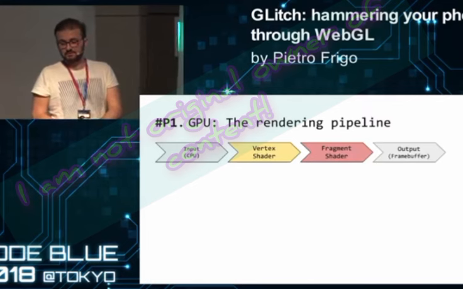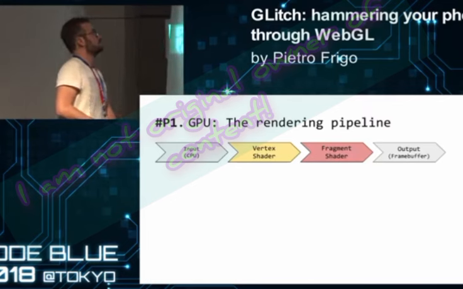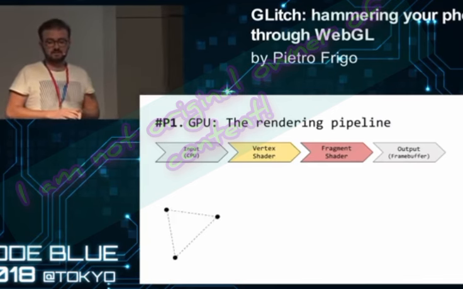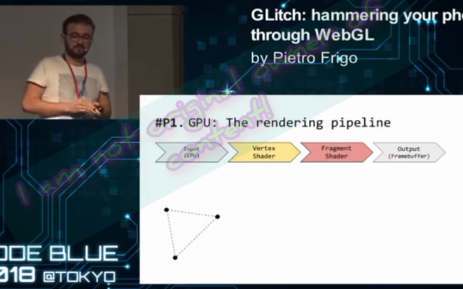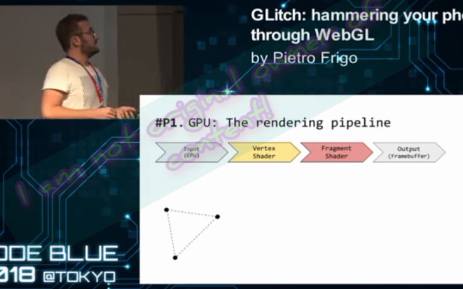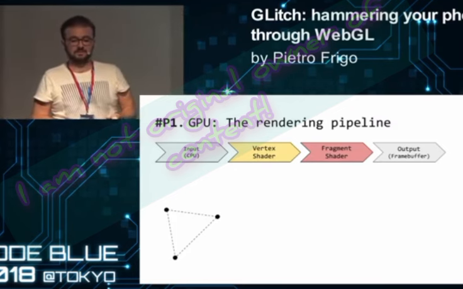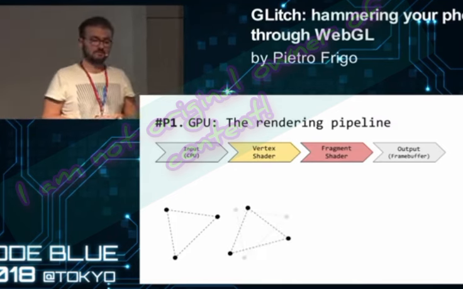So the GPU has the purpose of aiding the rendering pipeline, which consists mainly of 4 stages. At the beginning, you have the CPU providing the inputs to the GPU, and these inputs are vertices. And then these vertices are sent to the GPU to run a bunch of computations on them. And the first one is some geometrical computations that are performed by the vertex shader.